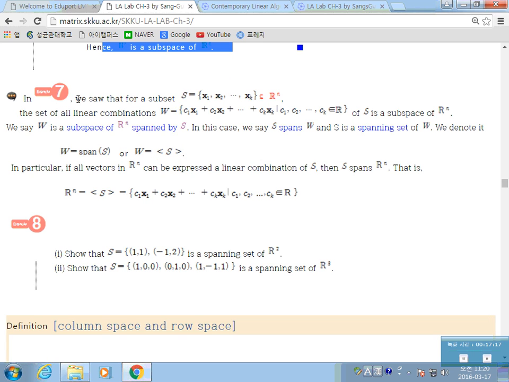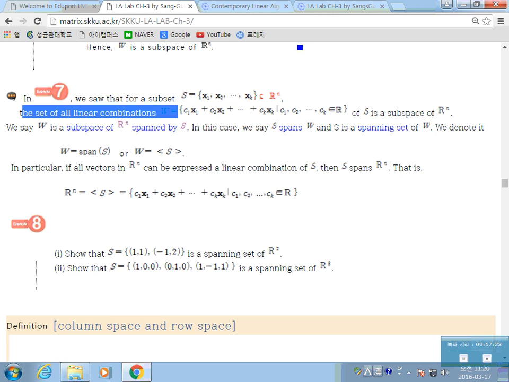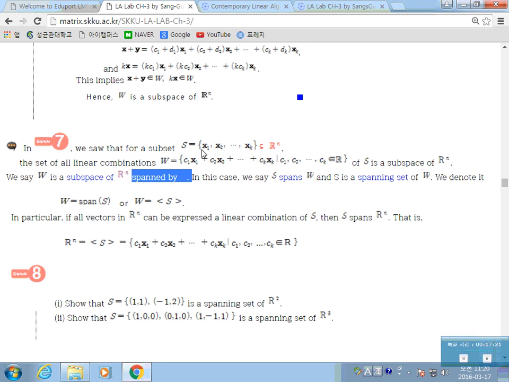In example 7, we saw that for a subset S in Rn, the set of all linear combinations W is a subspace of Rn. We say this W is the subspace of Rn spanned by S, spanned by this set of K vectors.